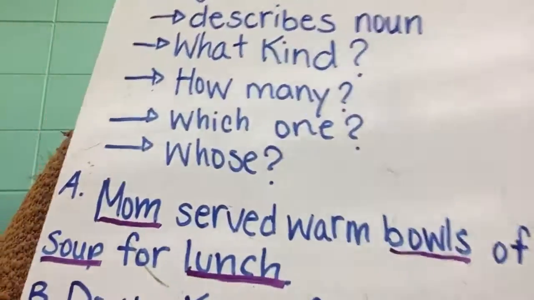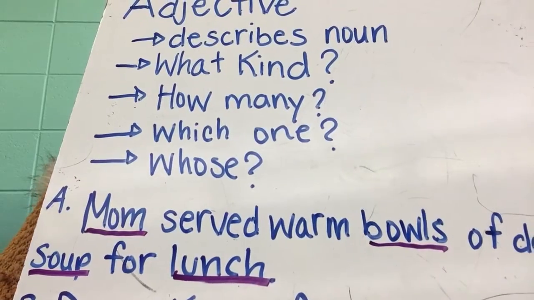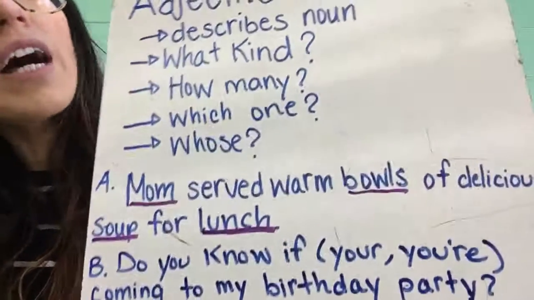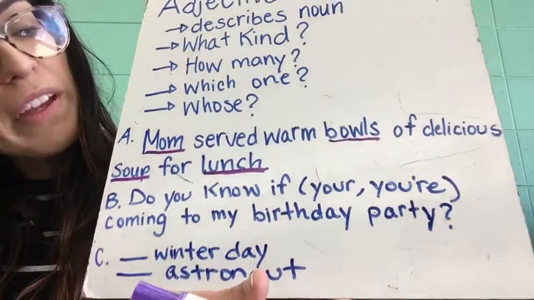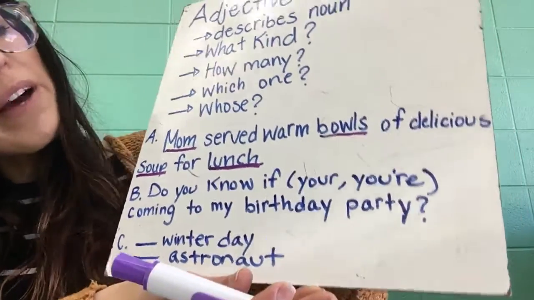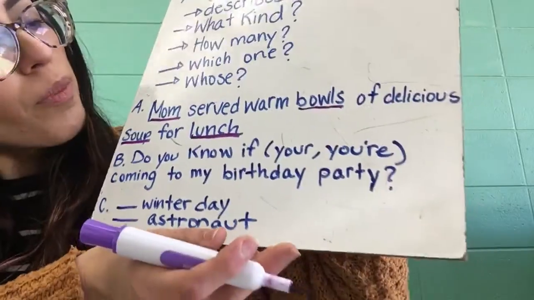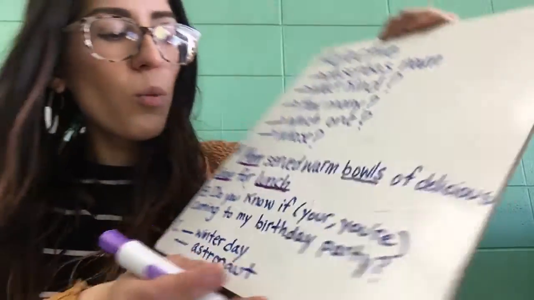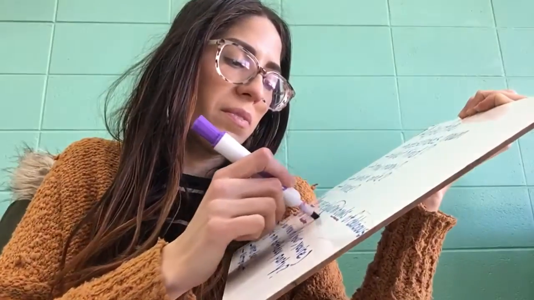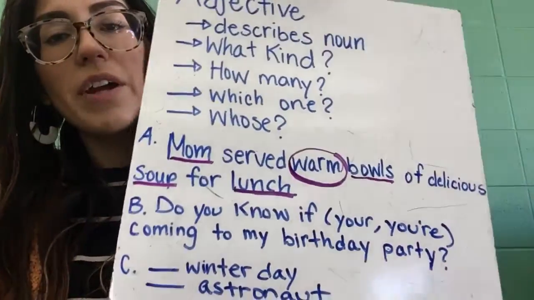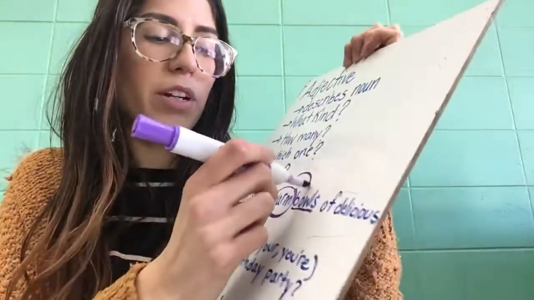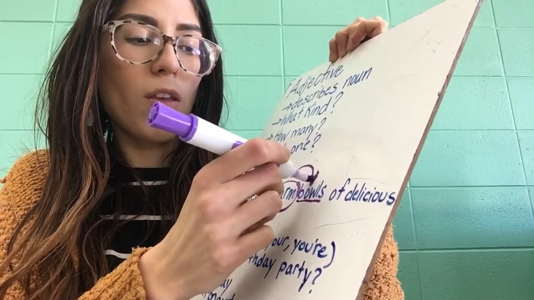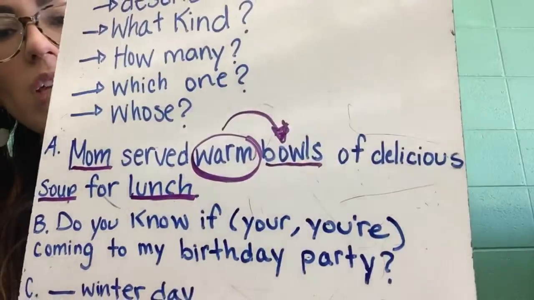Now that we underlined our nouns, let's go ahead and circle the adjectives. So, what's the first adjective you see? Remember, they describe the nouns. Does mom have an adjective? Nope. Does bowls have an adjective? Yes. What kind of bowls? Warm bowls. Very good. We can circle it and draw the arrow to bowls. Very good. All right.